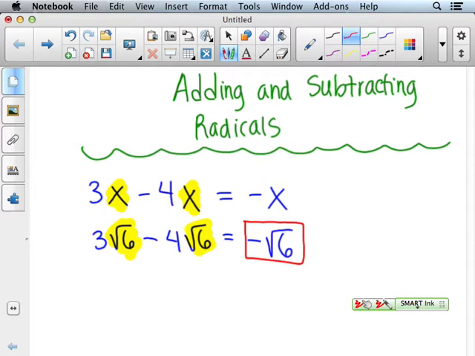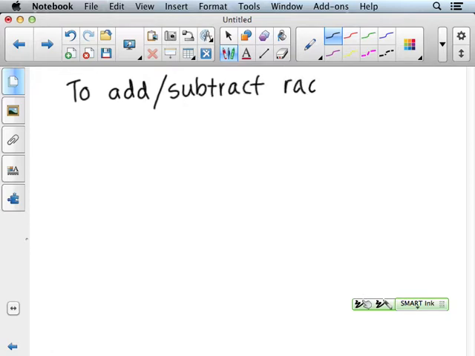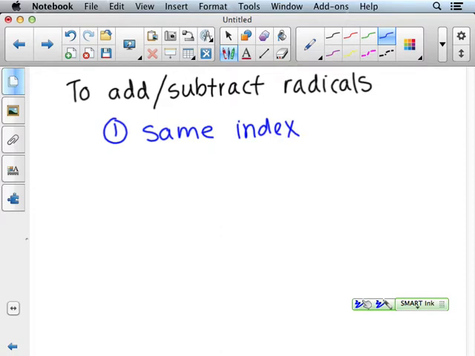Okay? So, in order to add or subtract radicals, you have to have two things. First, the same index, and second, the same radicand.